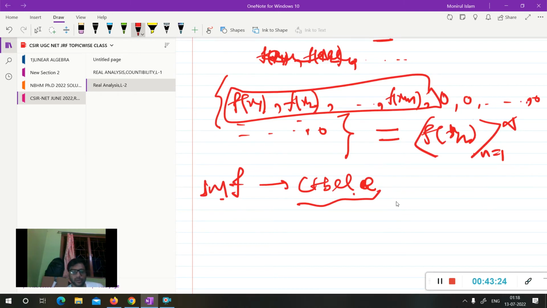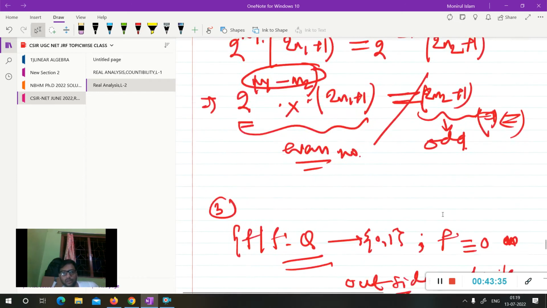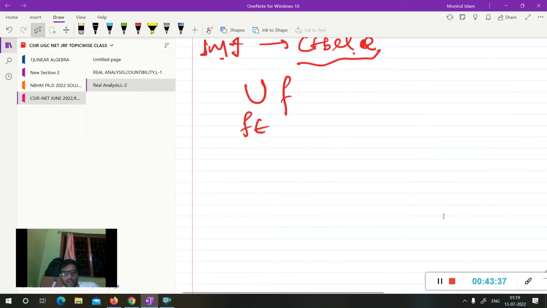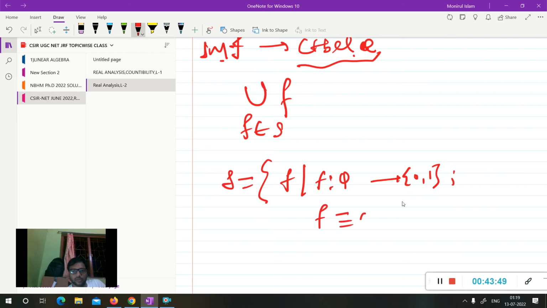Now if you take the union of such f, those belonging to the given set, name the given set S, where S is the set of functions from the rationals in 0 to 1 that vanish outside a finite set x1 to xn.